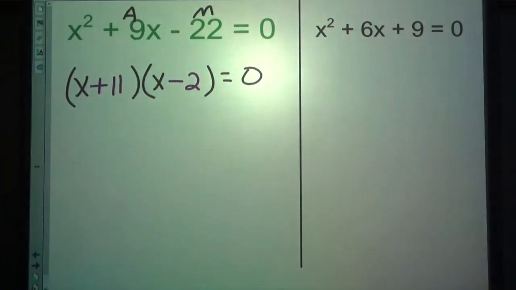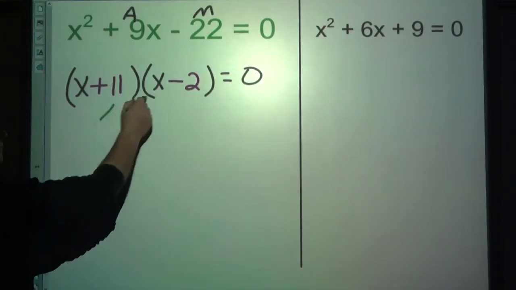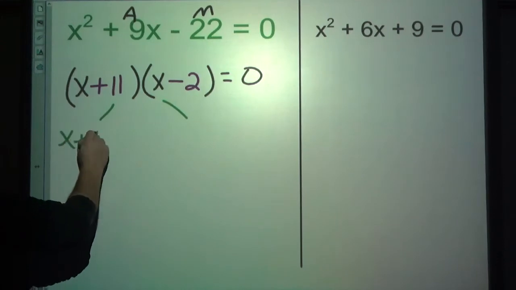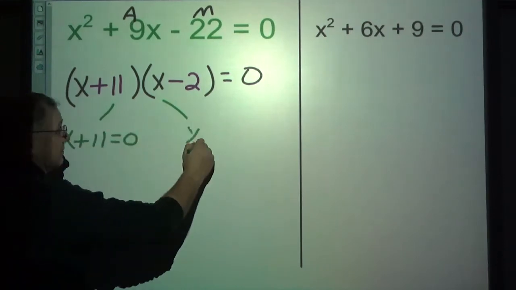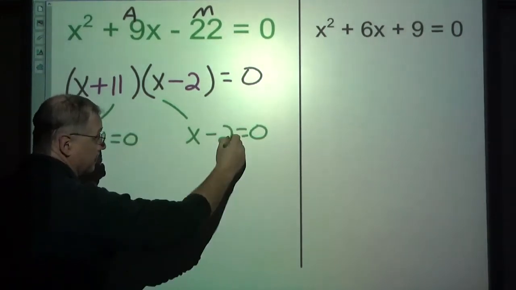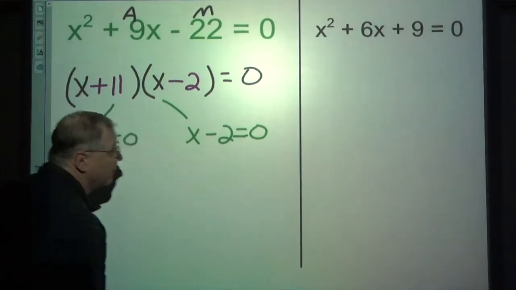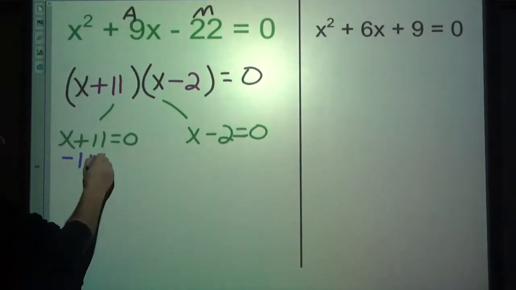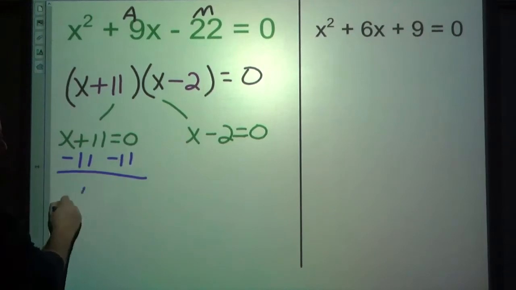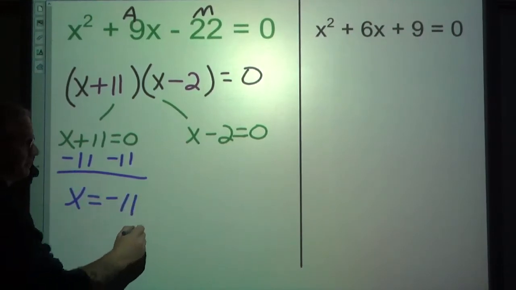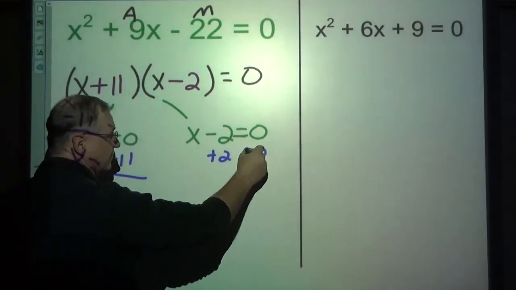I'm now going to set each of these parentheses equal to 0 and solve. Subtract 11 from both sides. X is negative 11. Add 2 to both sides.